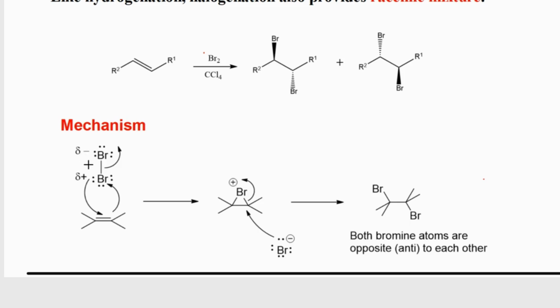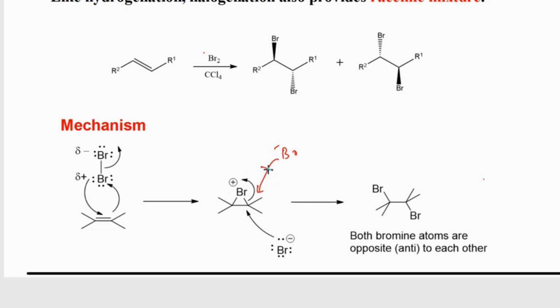So when it approaches the pi electrons, the excess electron density gets cyclized, so we form a cyclic bromonium ion, and the bromide ion gets cleaved and departs. Now this cyclic bromonium ion is highly unstable. The bromide ion attacks from this direction. It will not attack the side where the bromine is, because that is sterically hindered.